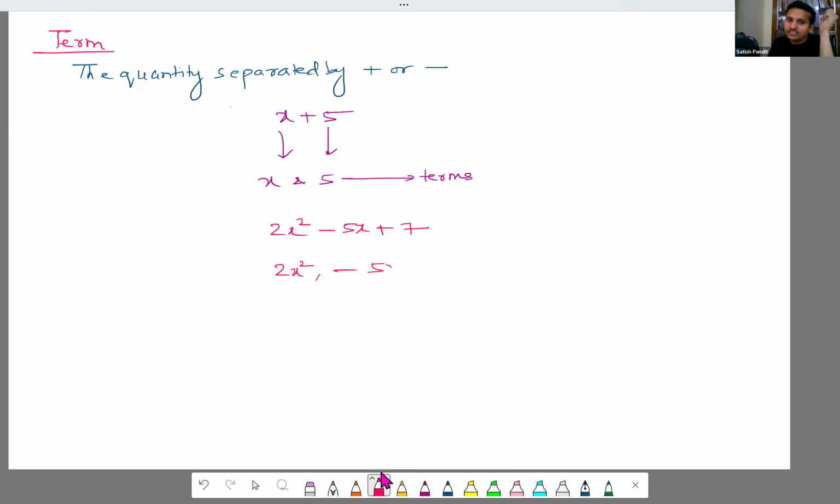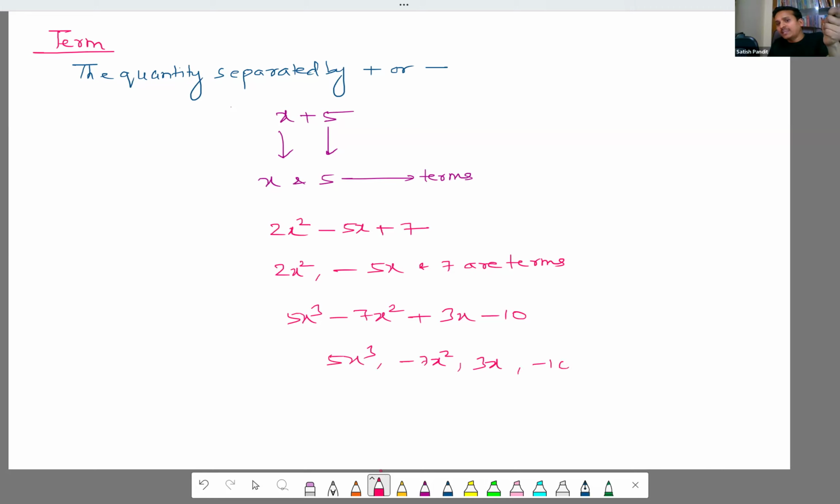Suppose I have 5x cube minus 7x square plus 3x minus 10. Here the terms will be 5x cube, minus 7x square, 3x, and minus 10. Whenever there's a positive sign, we don't write it. They are nothing but terms.